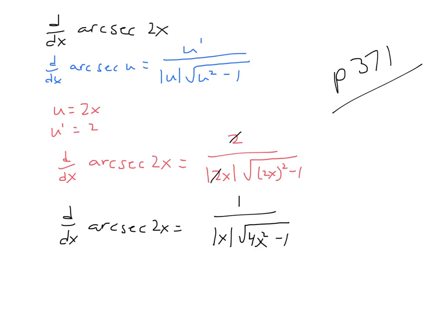Most of them are going to be in terms of the chain rule version where you have the u's, you're taking the derivative with respect to x, but the inside function is going to be labeled u. So you'll see that, and all 24 of these derivative rules that are on page 371, you must have committed to memory before we take the test.